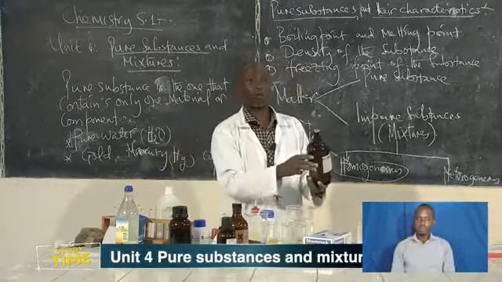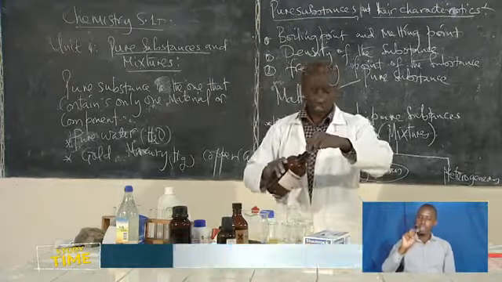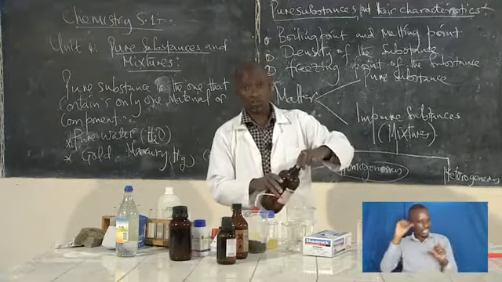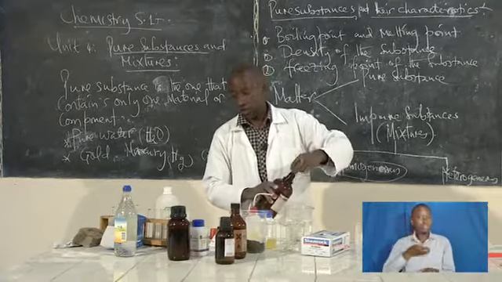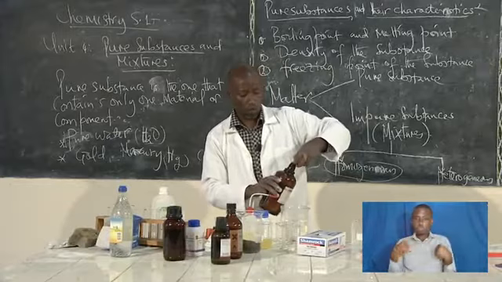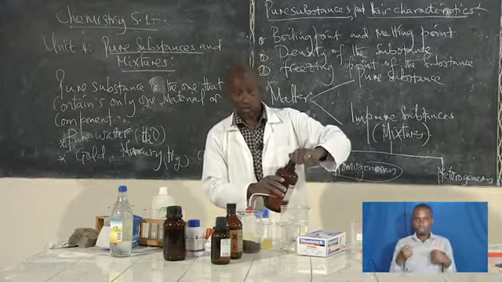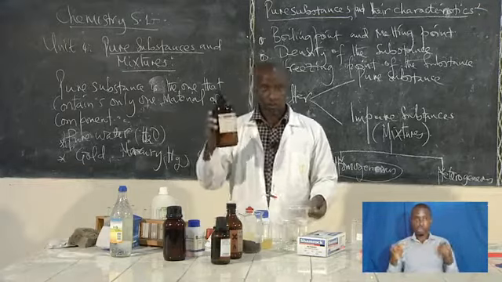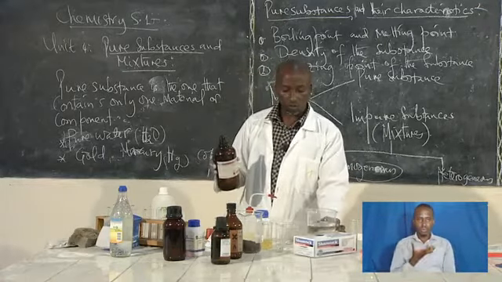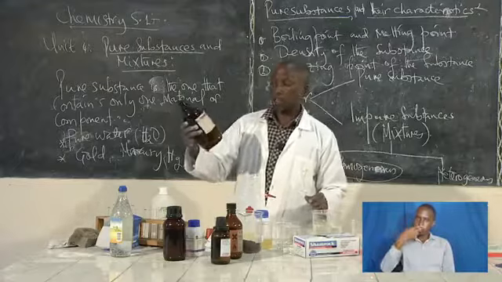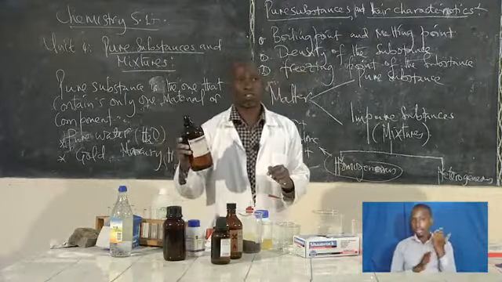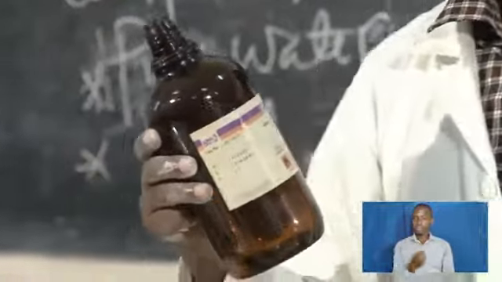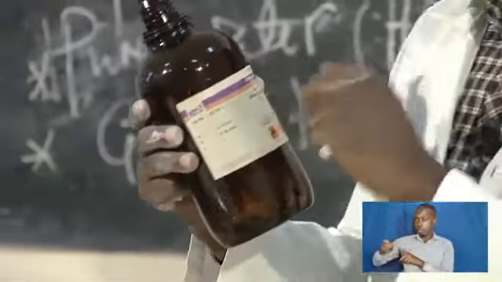This is methanol, one of the most dangerous alcohols. You're not supposed to drink this. As long as you are under the age of 18, you are not supposed to take alcohol. And the alcohol that is put in alcoholic drinks is not this methanol.